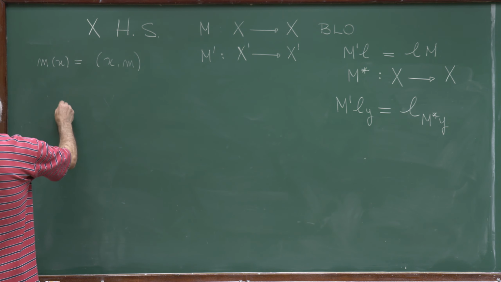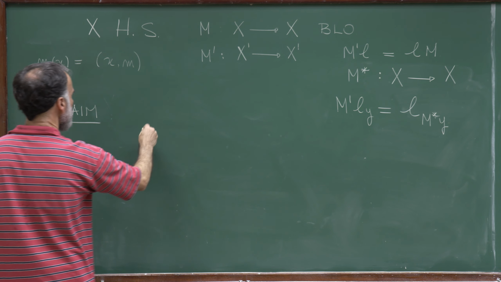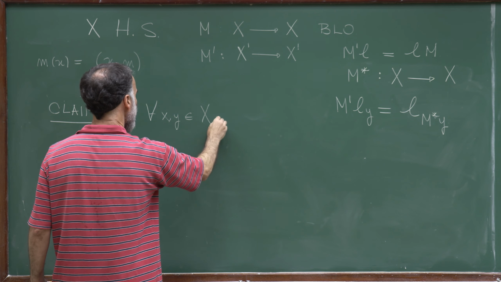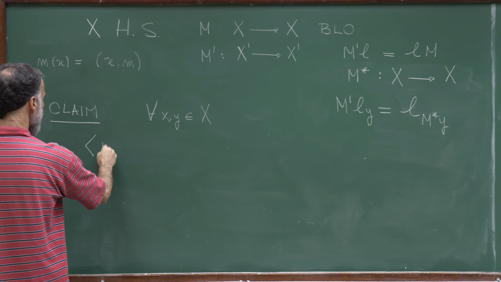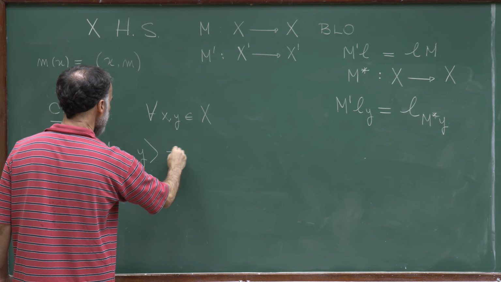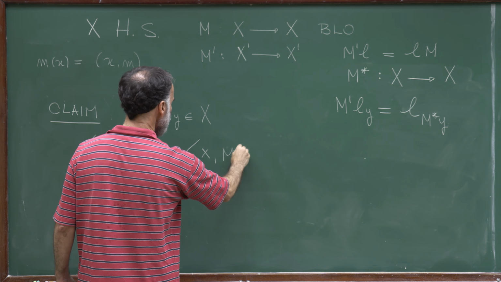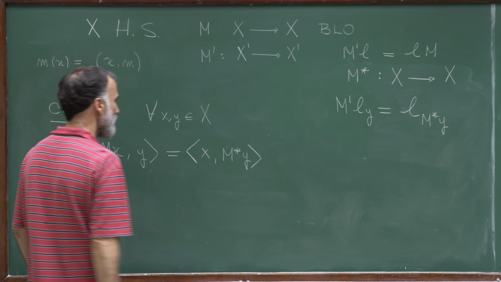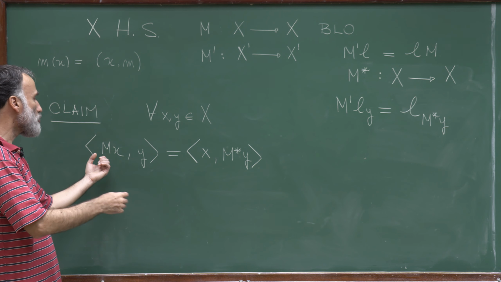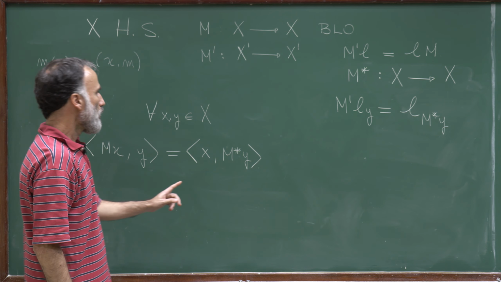And now I claim that for all x, y in X, I have the following relation: the scalar product of Mx with y is equal to the scalar product of x with M star y. So M star plays the role of the adjoint of a matrix in finite linear algebra. Why is that so?